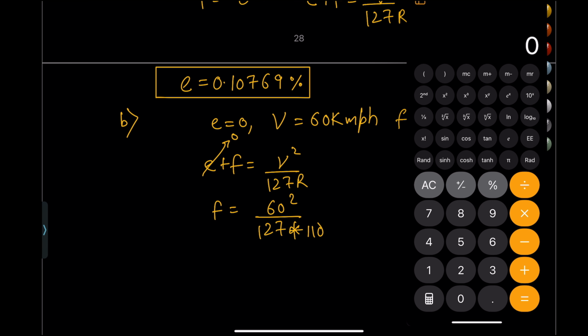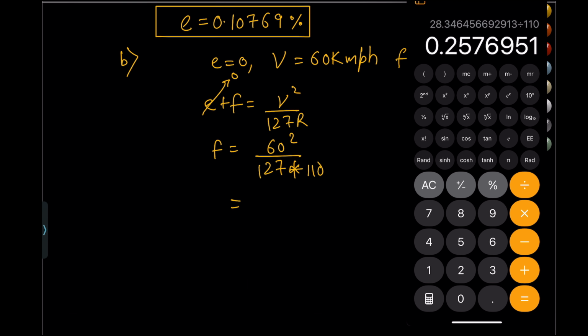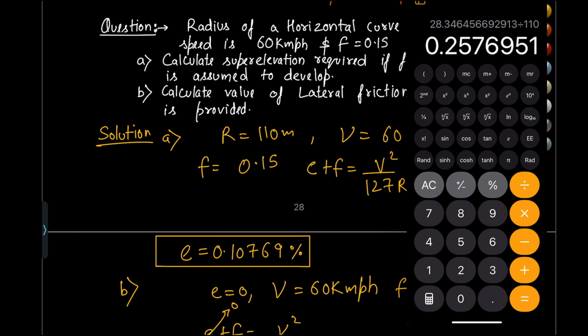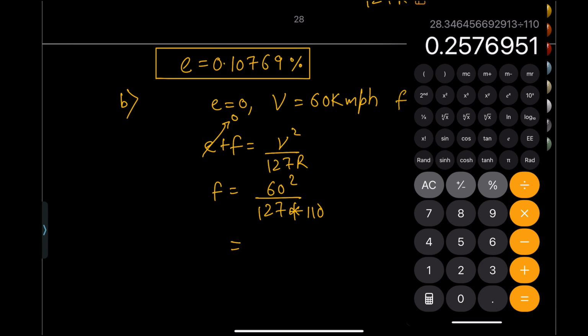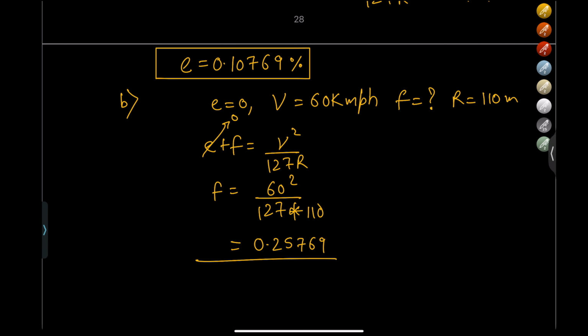Let us calculate this: 60 multiplied by 60, divided by 127, divided by 110. The lateral friction will have a value of 0.25769. This is the lateral friction that needs to be developed.